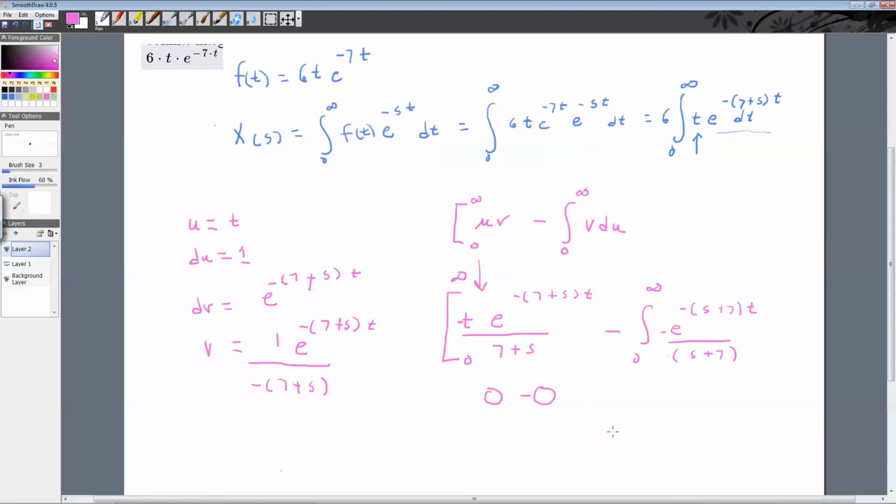So that's already 0. Now we're going to have minus, and first we have to integrate it.